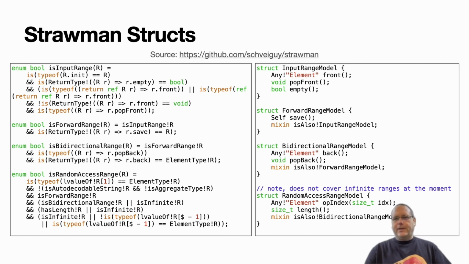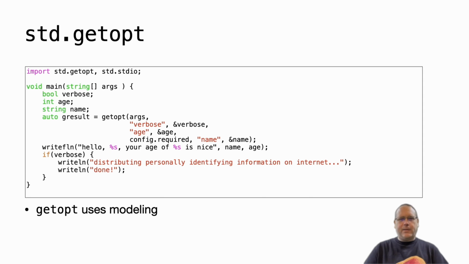So let's move on to the next modeling stuff that we're going to look at, and that's getopt. So getopt actually uses modeling. If you're unfamiliar with getopt, it is a function that allows you to parse the command line arguments of your program and put the values from those command line arguments into variables. So here we have verbose, age, and name.